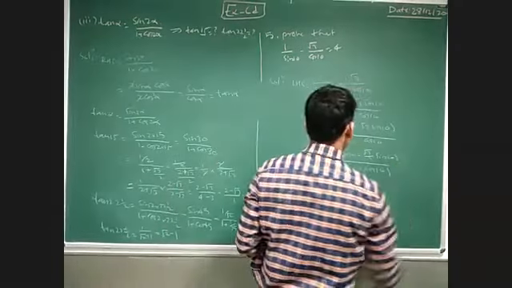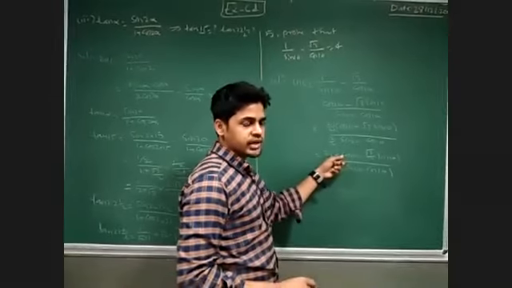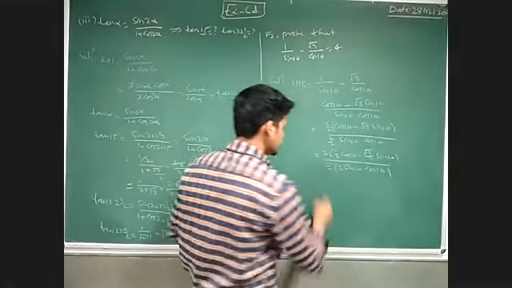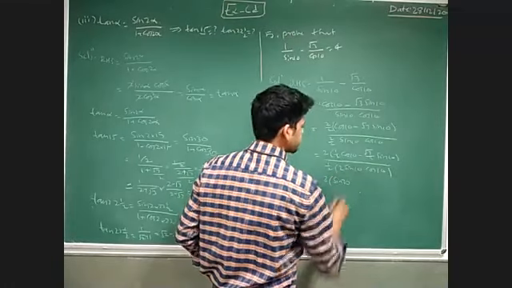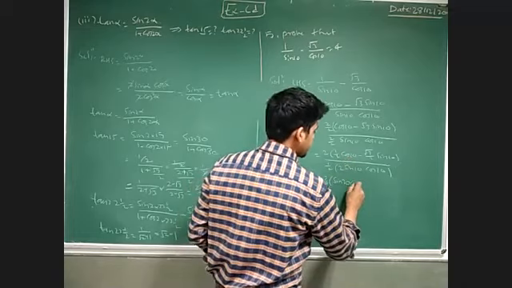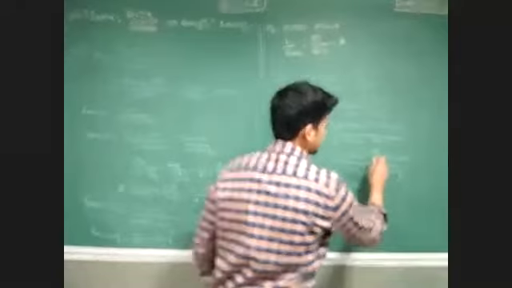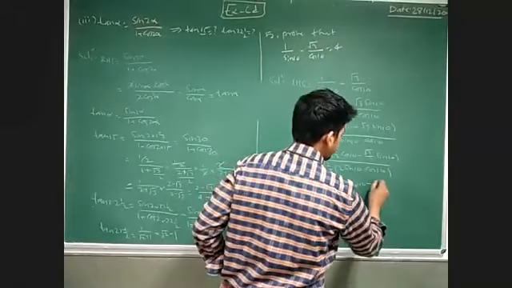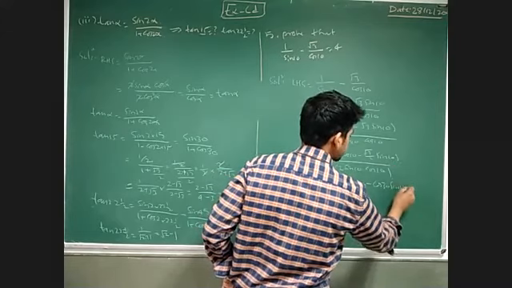Now I can write 1 by 2 as sin 30, so sin 30 and cos 10 same, and here root 3 by 2 is nothing but cos 30 and sin 10 as it is.